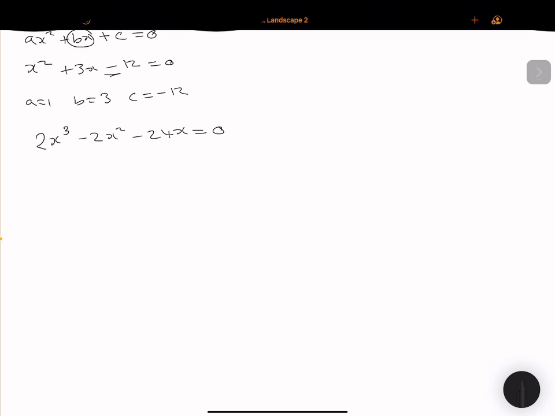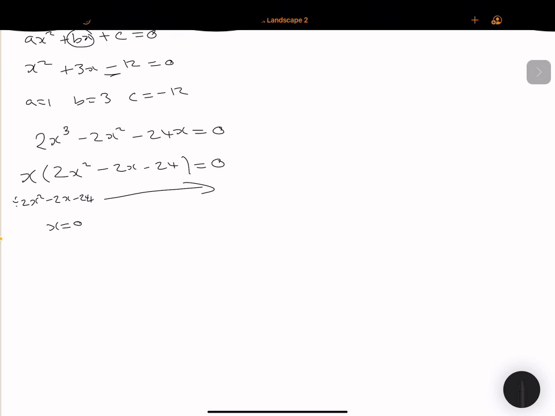Now there's something you might notice about this, and it is that there's a factor of x too many. So we can take out a factor of x from this to get us a nice quadratic equation, and then we can divide by the 2x squared minus 2x minus 24 on both sides, which will get us x equals 0. So we've already got our first value of x.